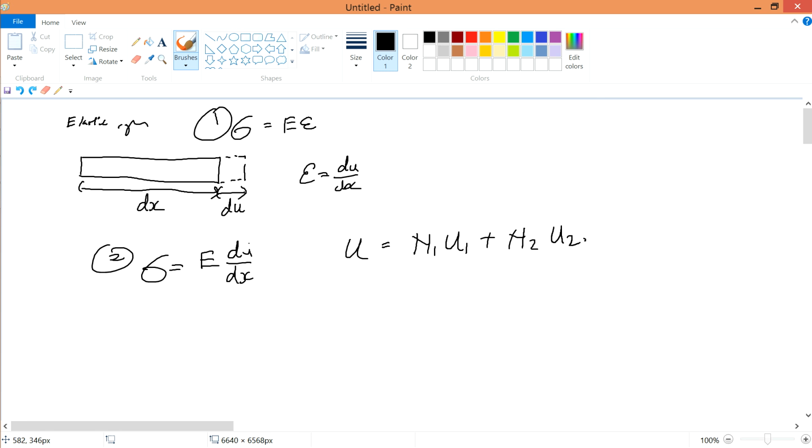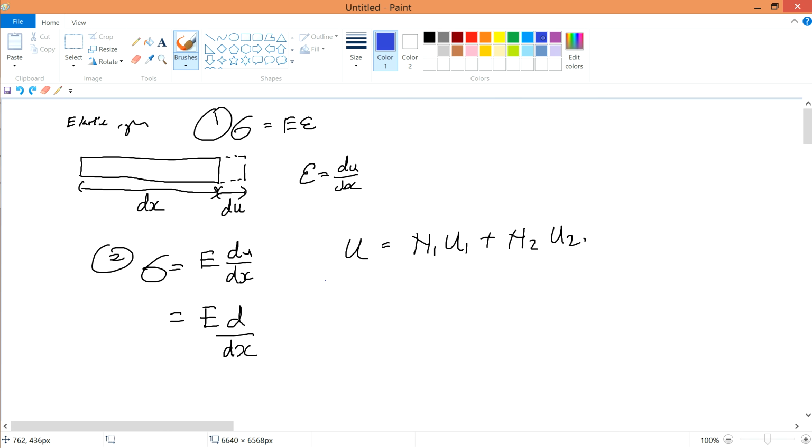So just simply substitute u with this portion over here. So what I have is E d/dx first, and then the whole thing, this u, I'll just substitute as this stuff over here.